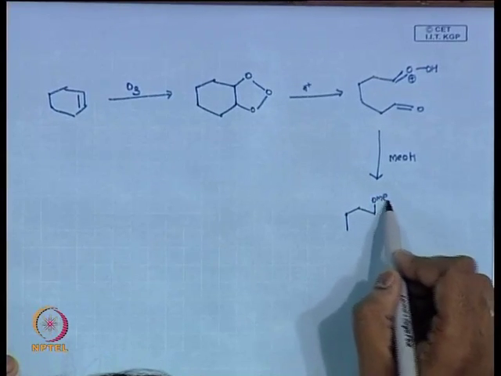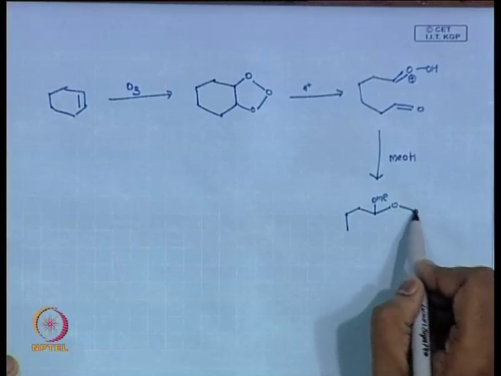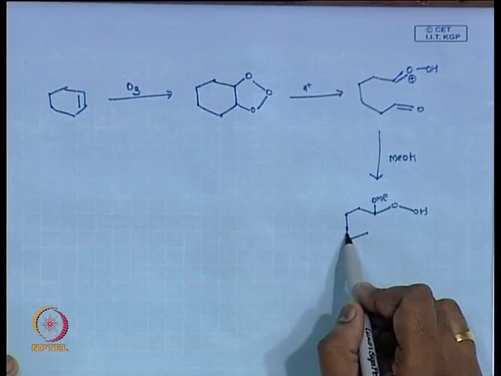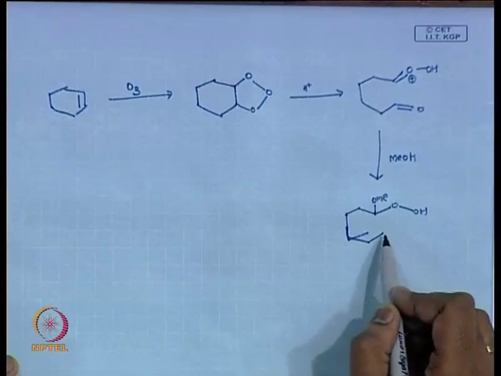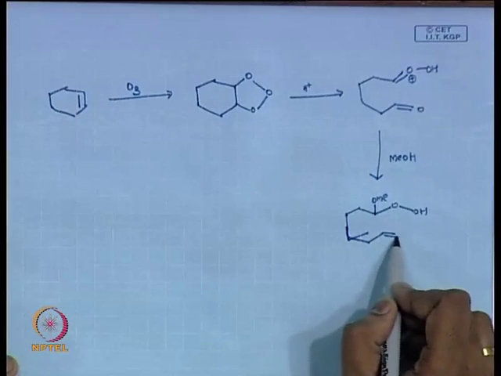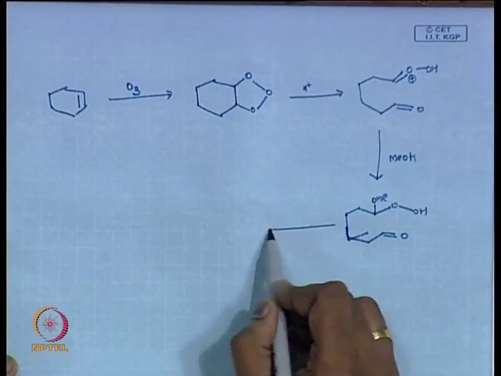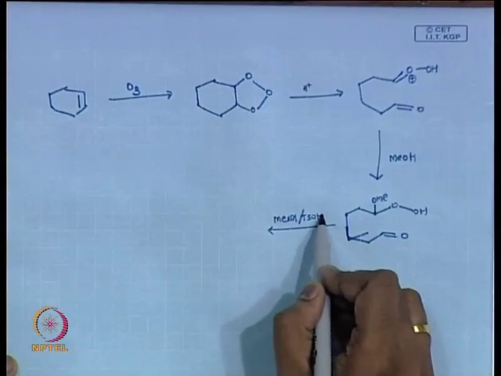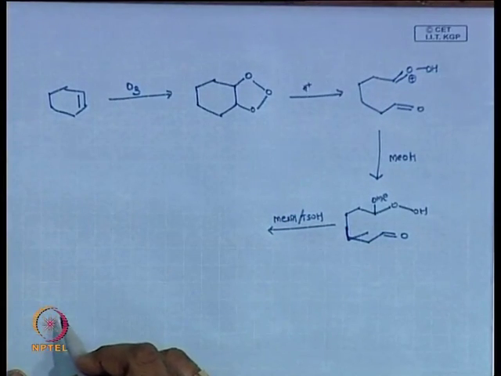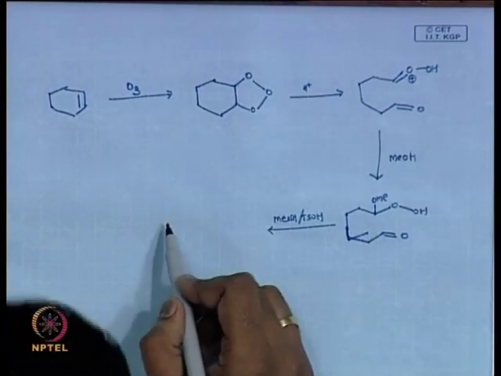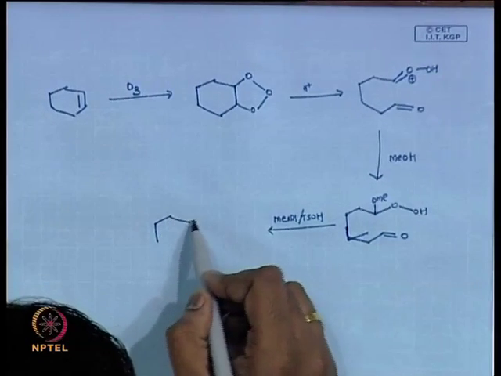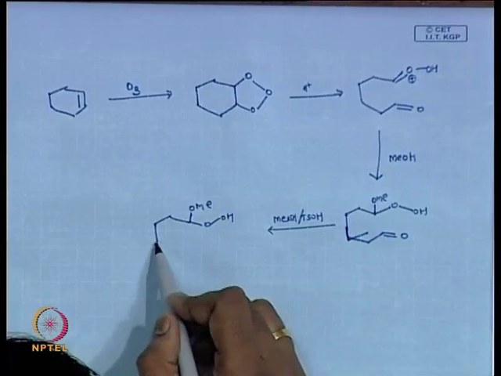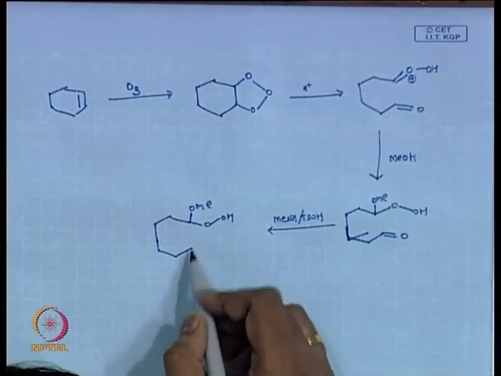You have an OMe, then you have OH. Then you have methanol, and you have your TsOH, that can convert your system, because these are well known mechanisms.